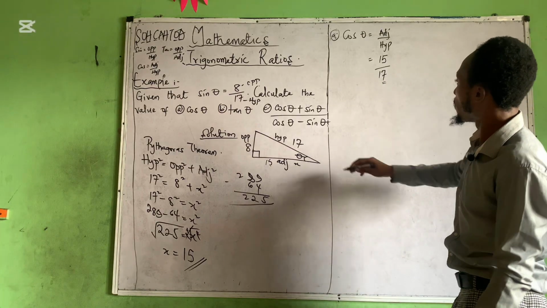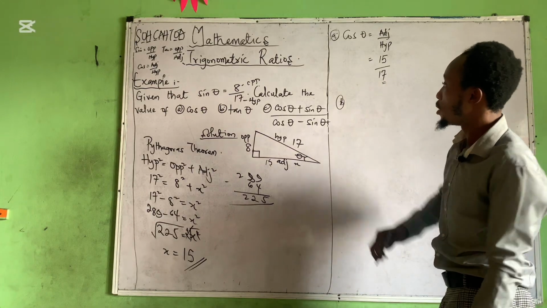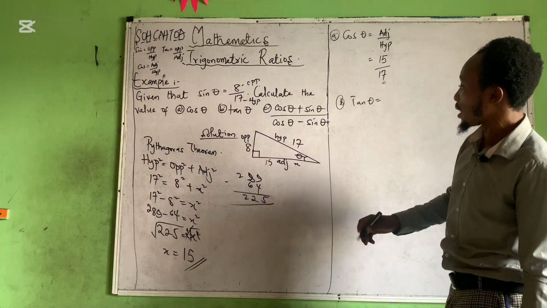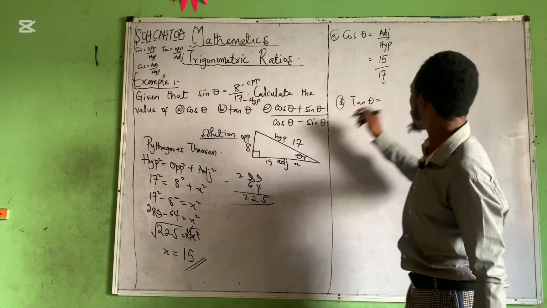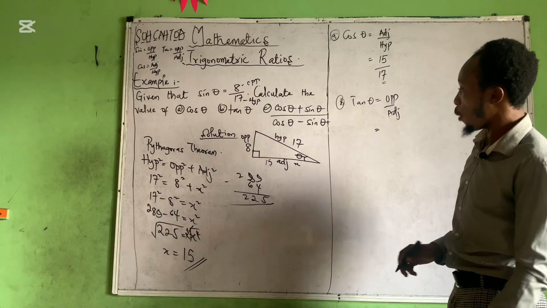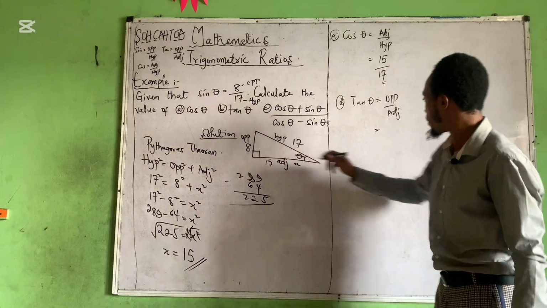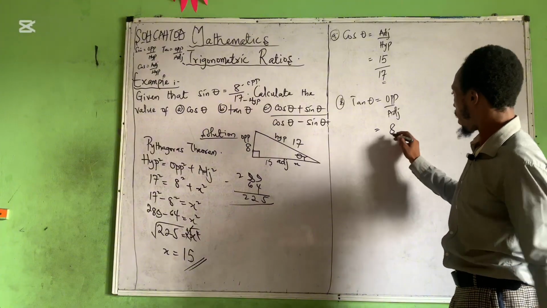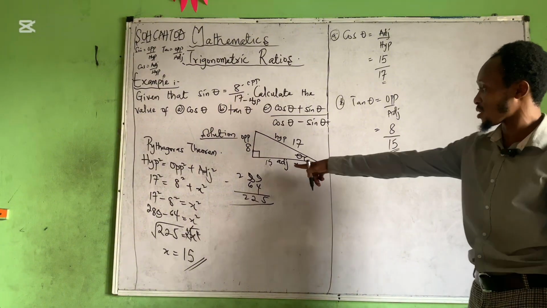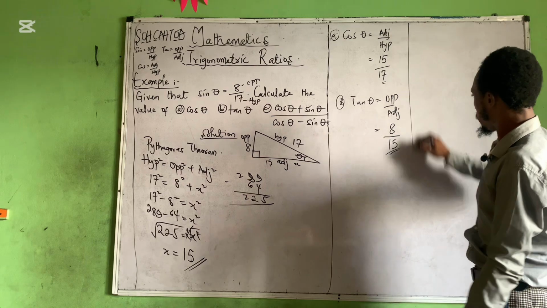That's cos theta. Then B, we have tan theta. Our tan is opposite over adjacent. So opposite is 8 over adjacent, which is 15. So tan theta is 8 over 15.